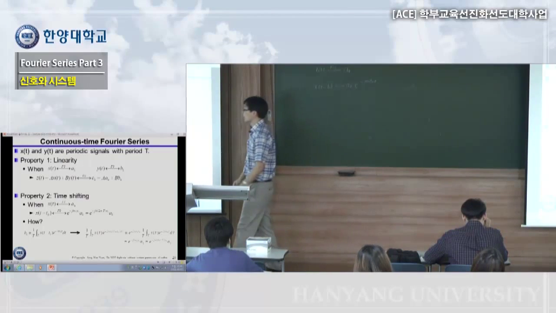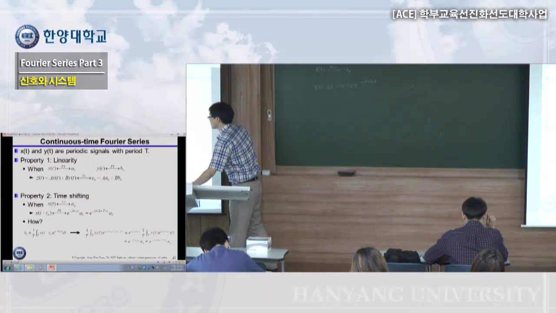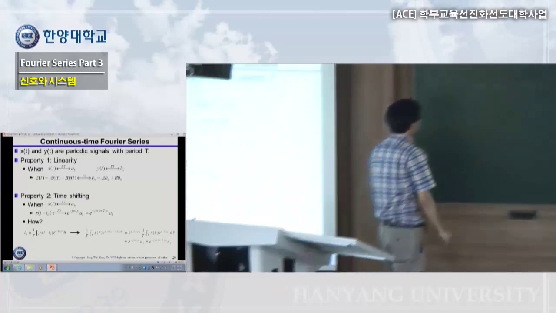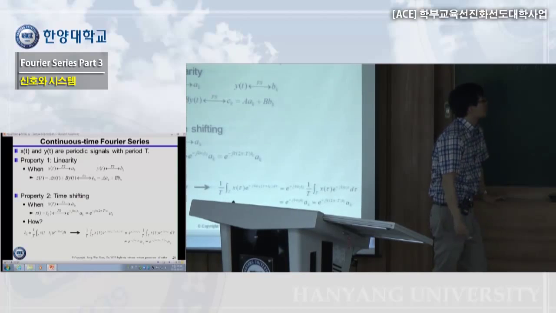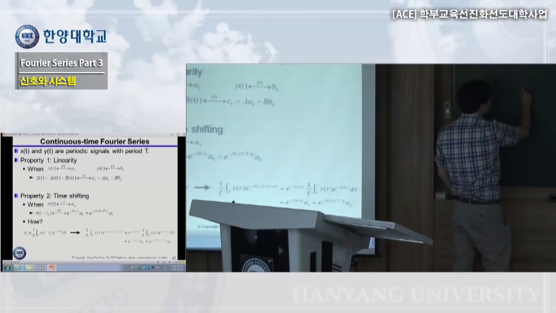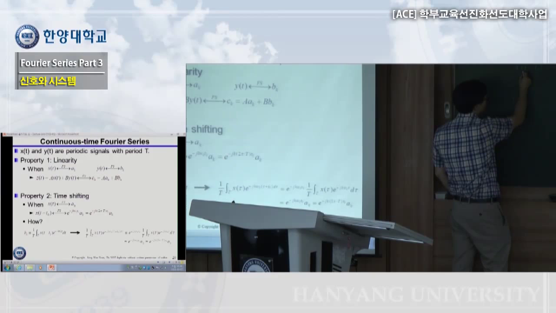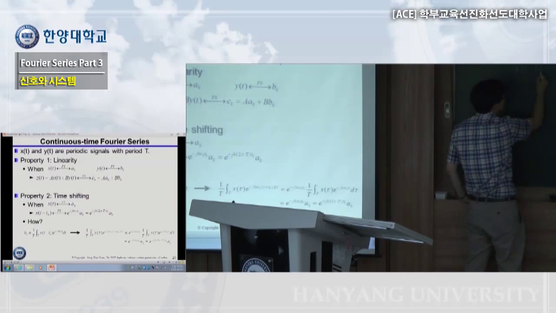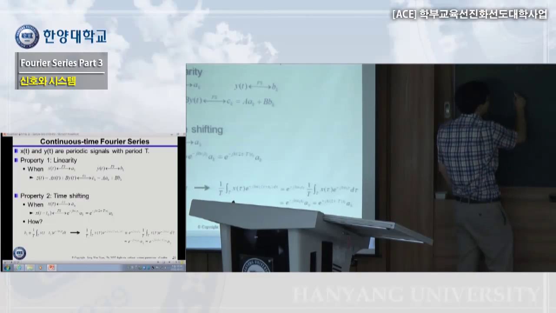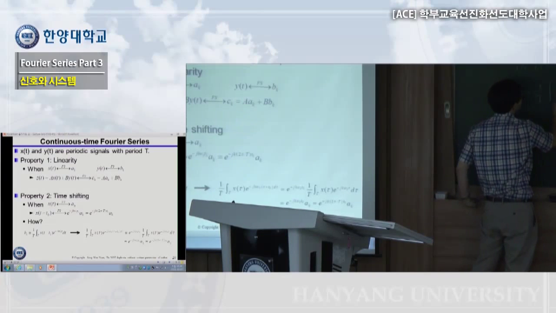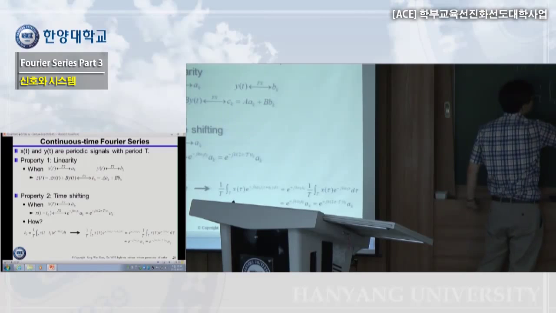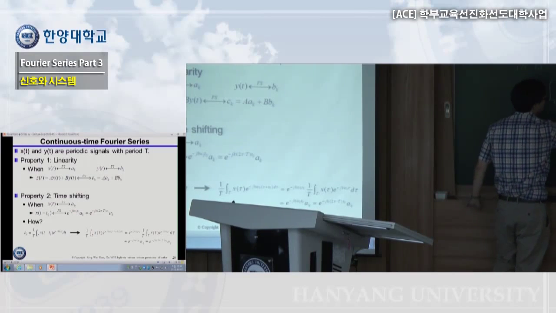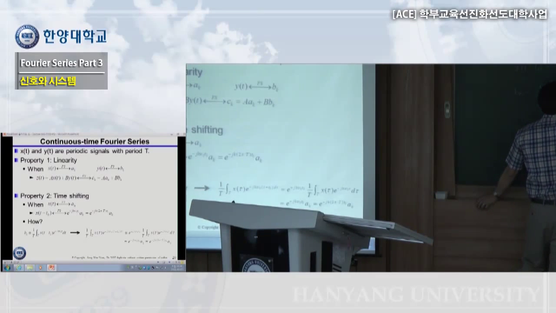That's the answer. Why? Let's have a derivation for a minute. Say the Fourier series coefficient of this one is bk, for example, and put the equation one more time. Now we put x(t minus t0) exponential minus j omega 0 kt dt.